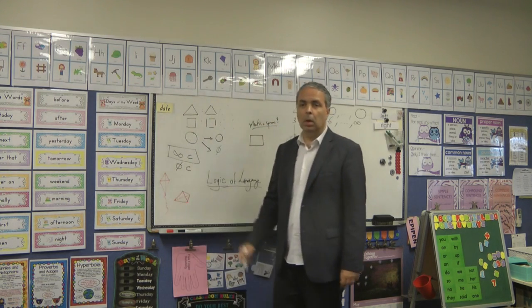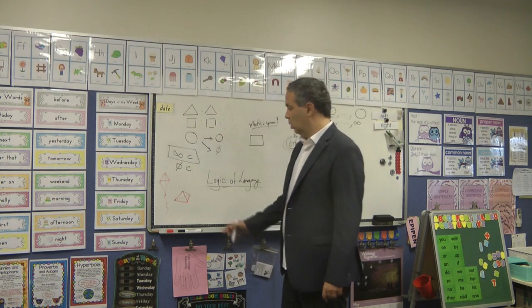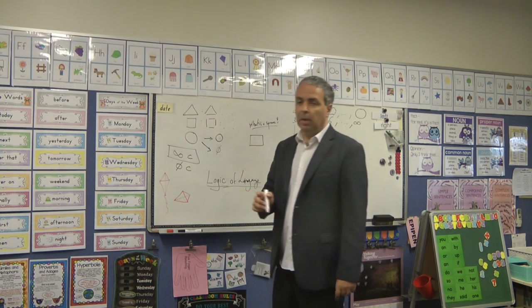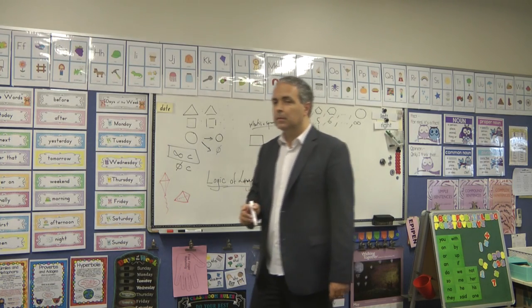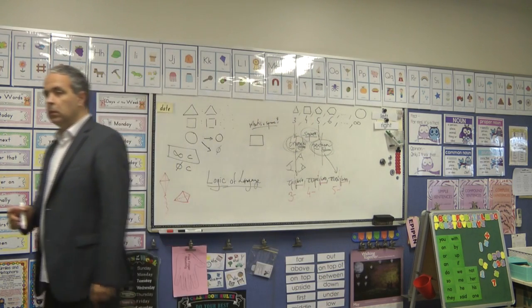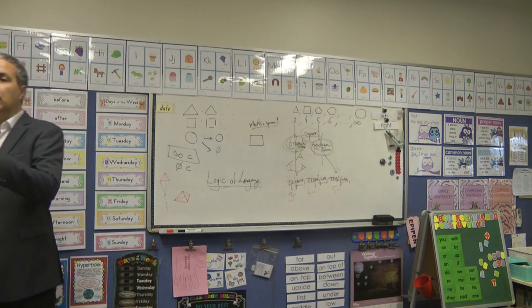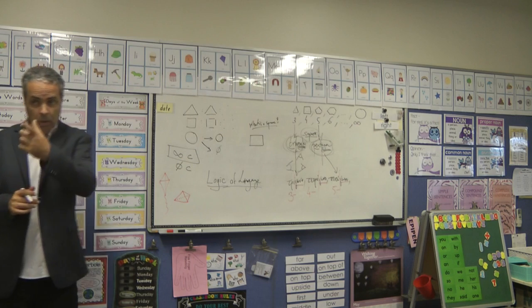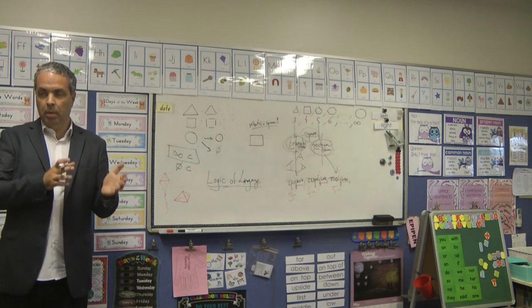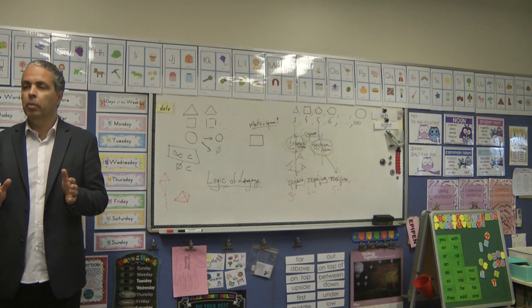Yeah. Triangular pyramid. Yes, but the correct name is... it's correct, okay? But the most correct name is not this. Because you have to define. You say pyramid. What is a pyramid for you?